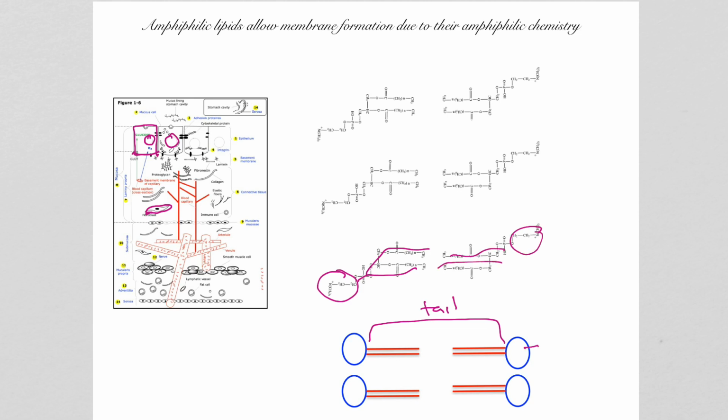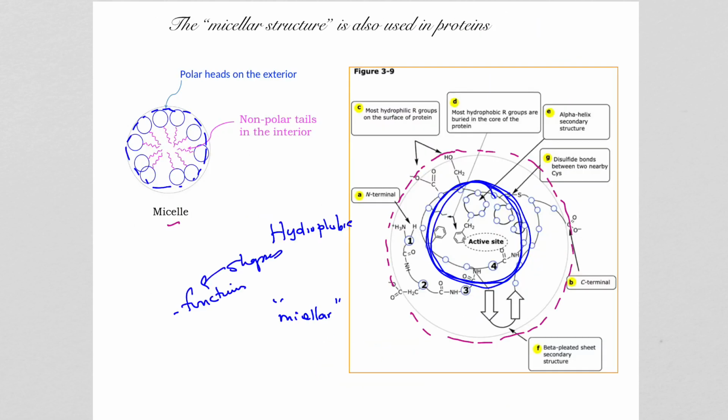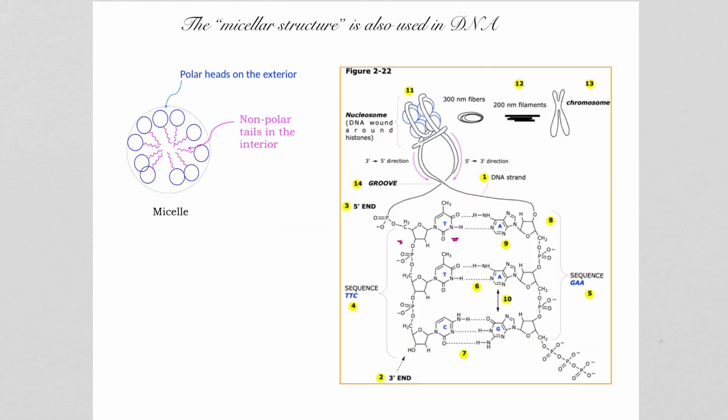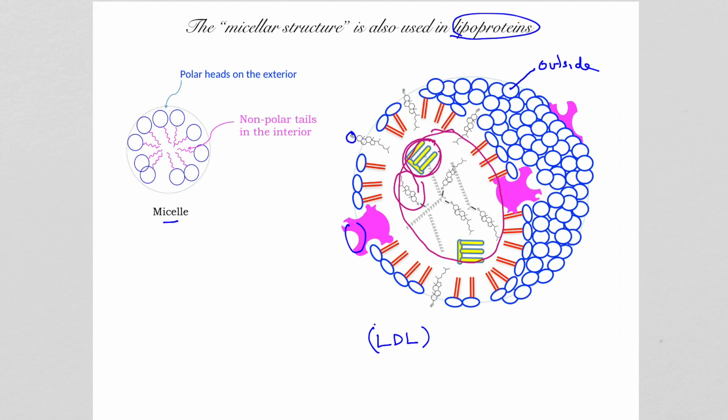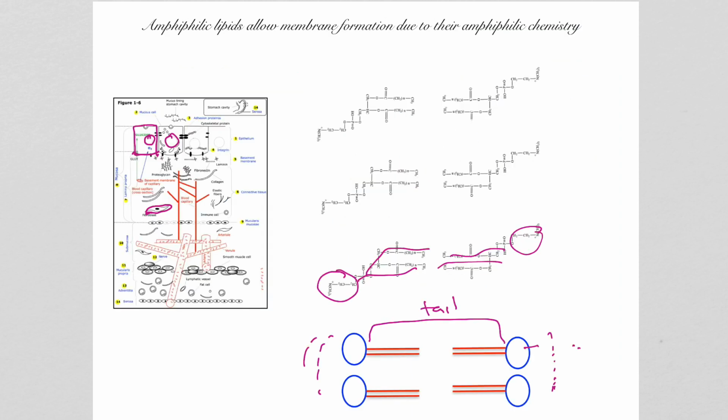The heads is where the outside is, and inside is the cytoplasm. Okay, let me go back. So here is the inside, the cytoplasm, and then the outside, if this was a plasma membrane.